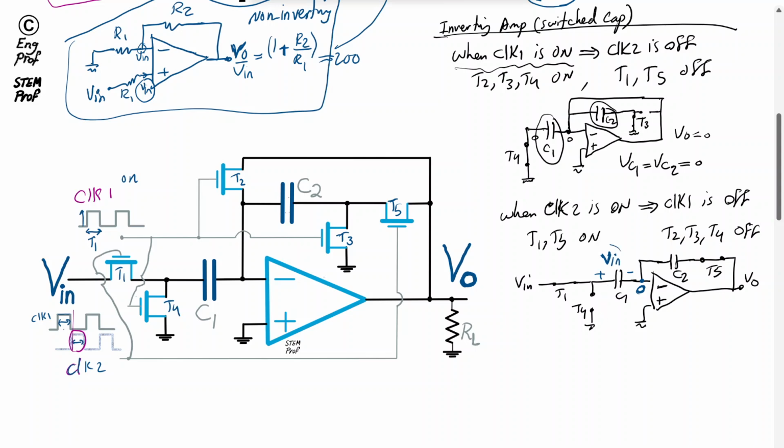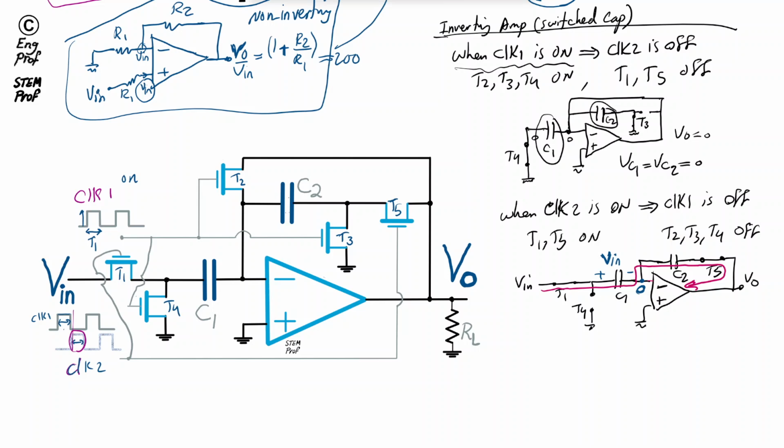Enough charge needs to accumulate on the plates of C1 to result in Vin across C1. For C2, because of the direction of charging, Vin injects a charge that can only go this way, since it cannot go through the input of the op-amp, which is effectively infinite impedance.